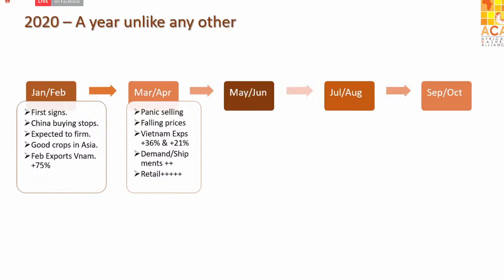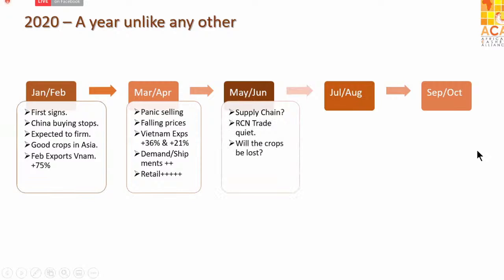And retail, at one point during these months, retail sales of cashew nuts in parts of Europe were up by 50%. It was a huge turn toward nuts and nuts products during this period. As the year continued, the emphasis changed for most people.